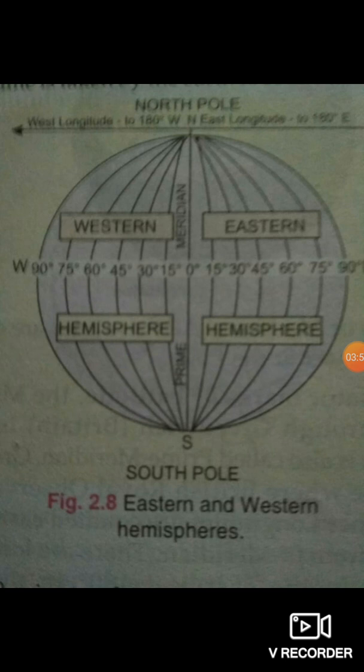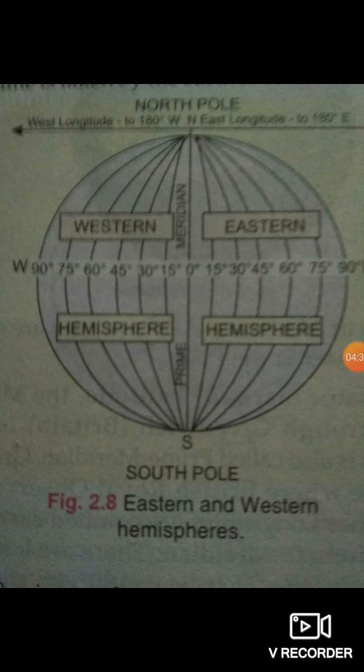That is 24 into 60 minutes, which is equal to 1440 minutes. This time is taken by the earth to rotate through 360°. I told you there are 180° east and 180° west, that is equal to 360°.